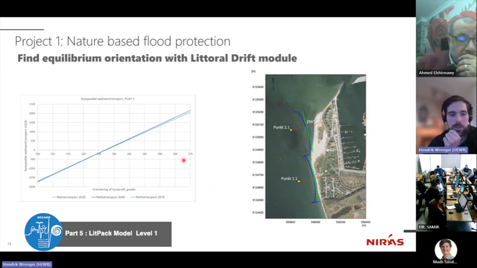And then we looked at that before, the Q alpha curves. So you basically change the orientation of your coastline, given the offshore wave conditions, and then you find the theoretical coastline, the equilibrium orientation.